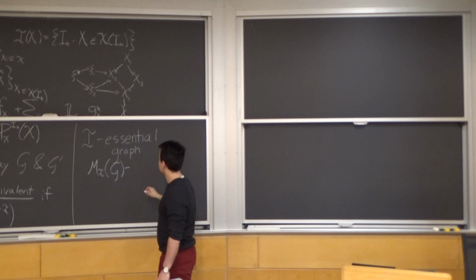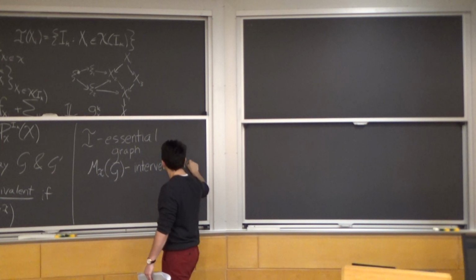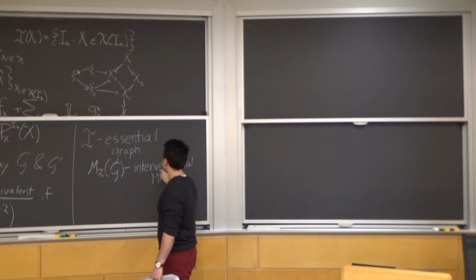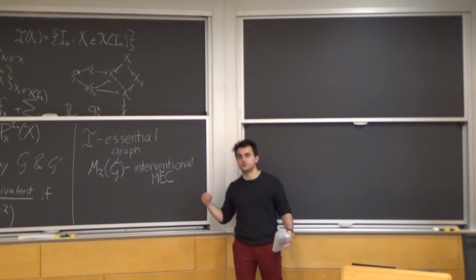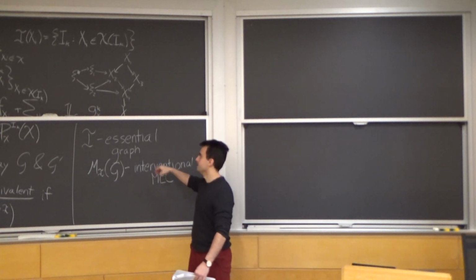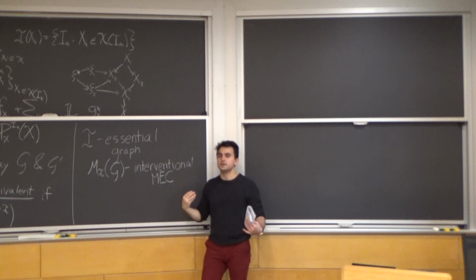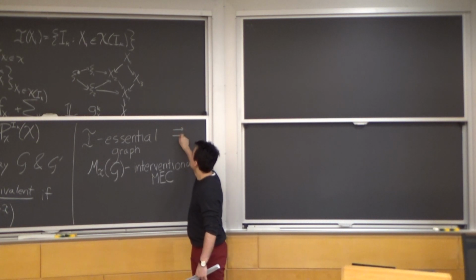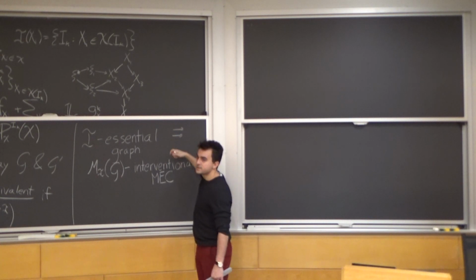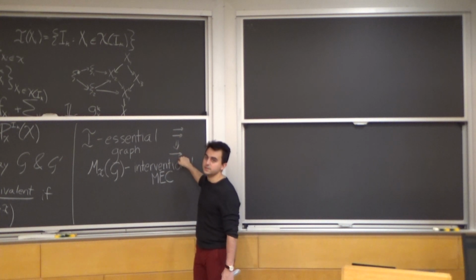The interventional Markov equivalence class, you can basically, in some sense, take the union of all of those directed graphs to get the I essential graph. What the union does is, if you always have the same directed edge in all of the graphs, then we'll spit out that same edge in the I essential graph, and it will also be directed.